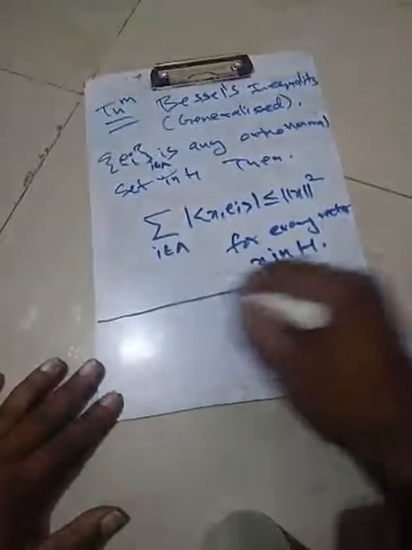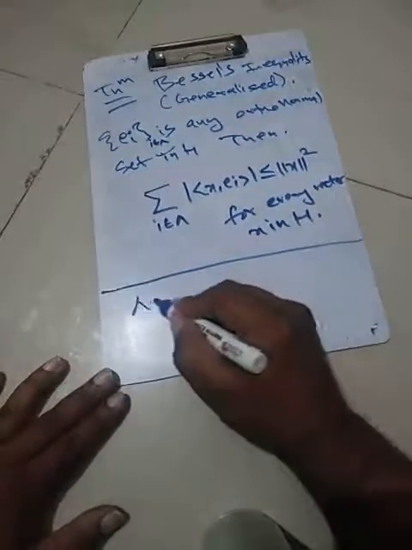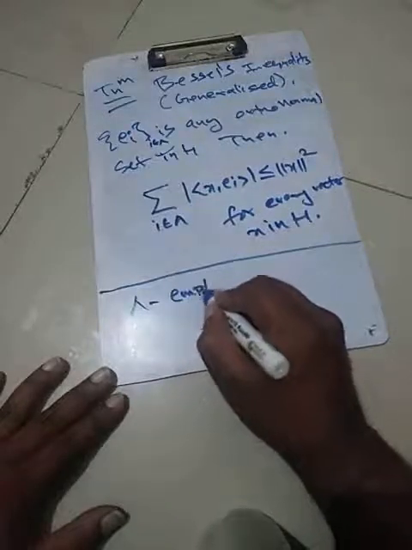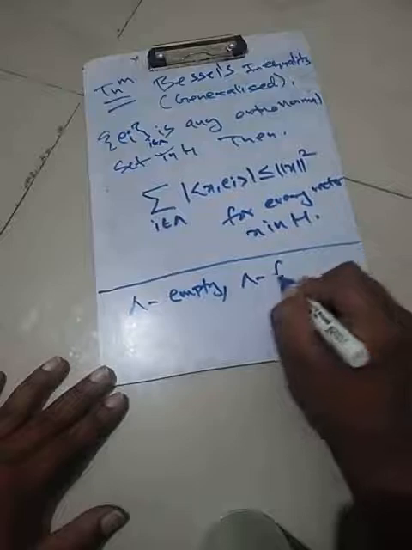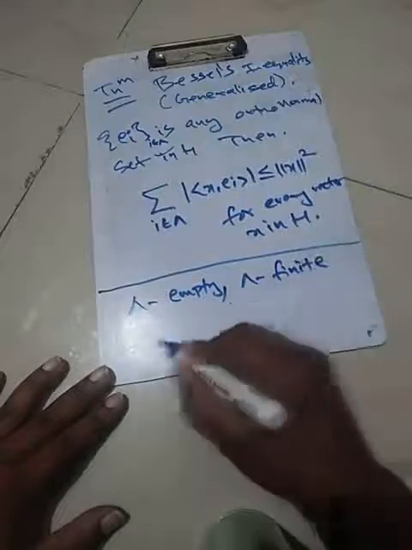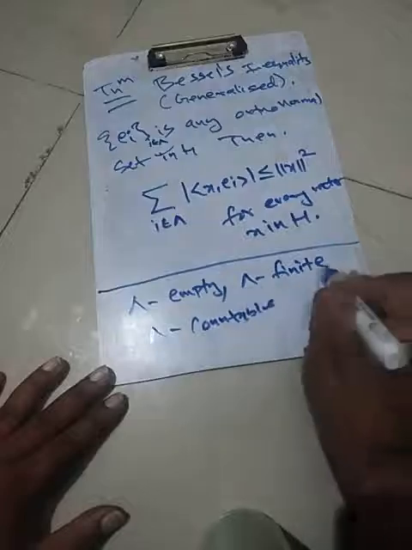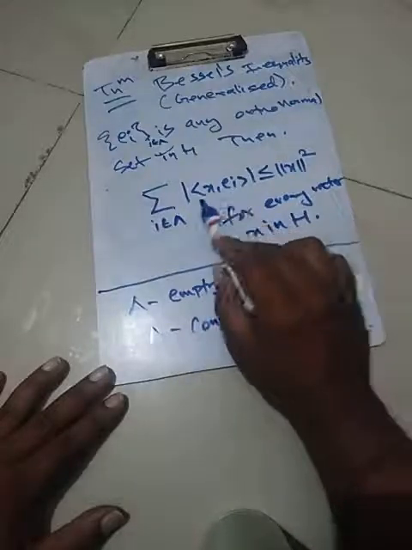Now let's look at some observations. Lambda is either empty, finite, or countable. If it is finite or empty, we don't have a problem with respect to the description of this sum.